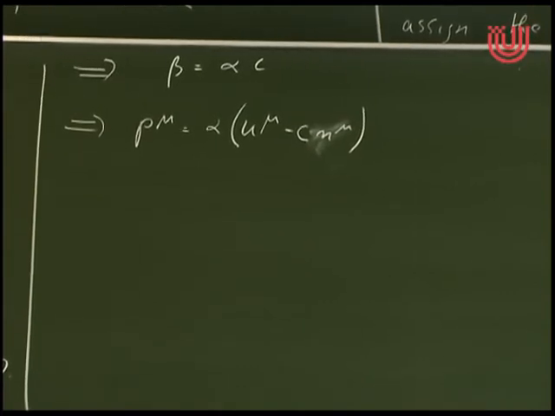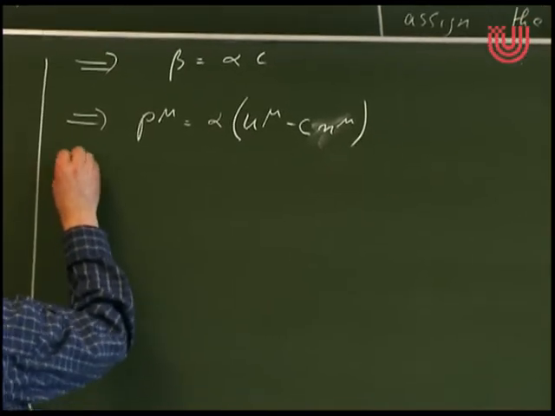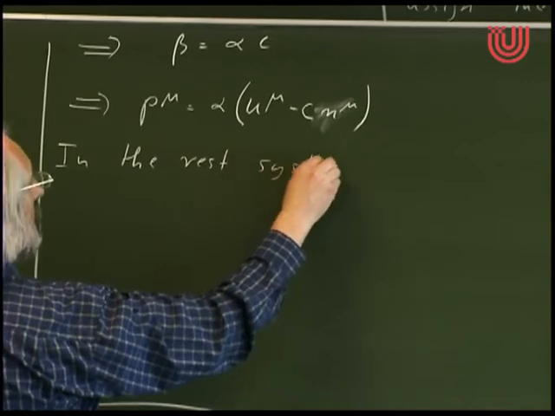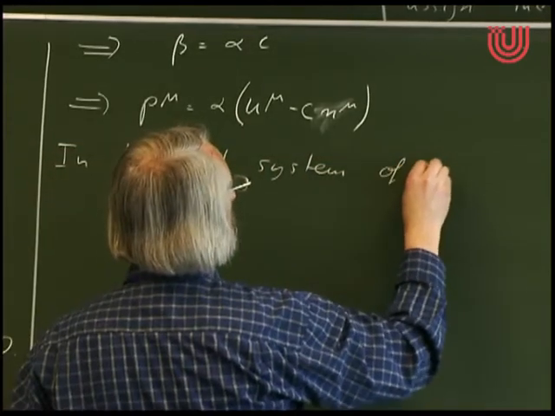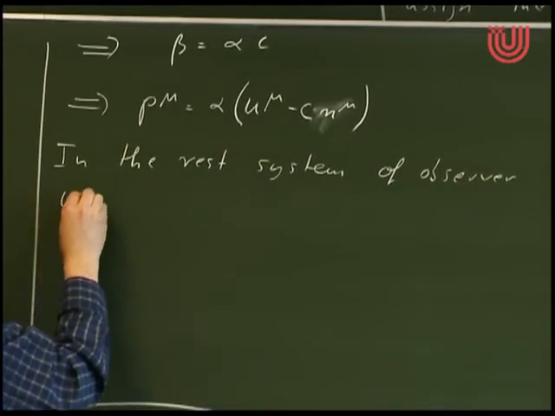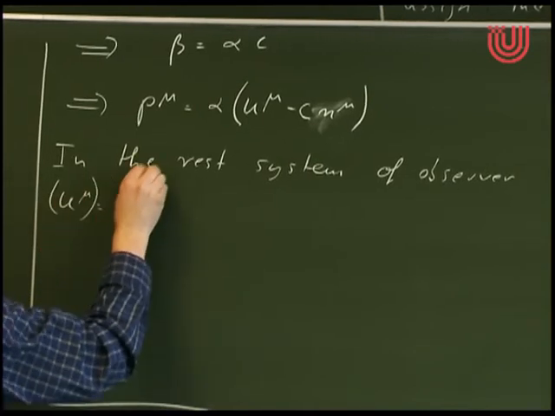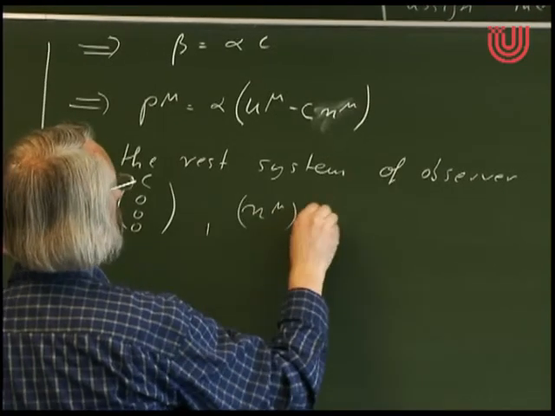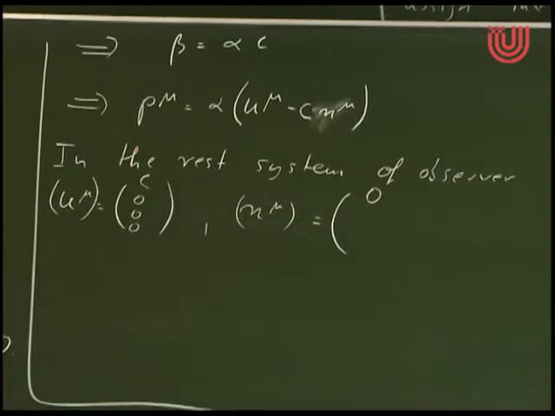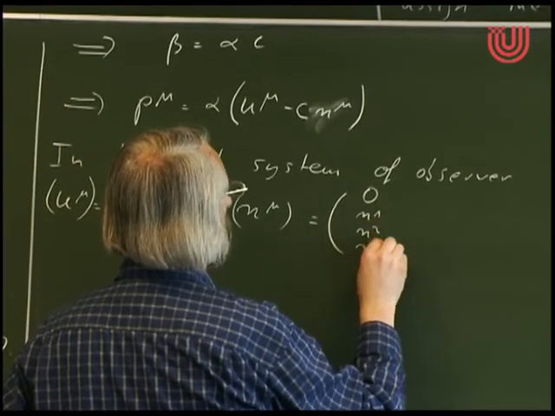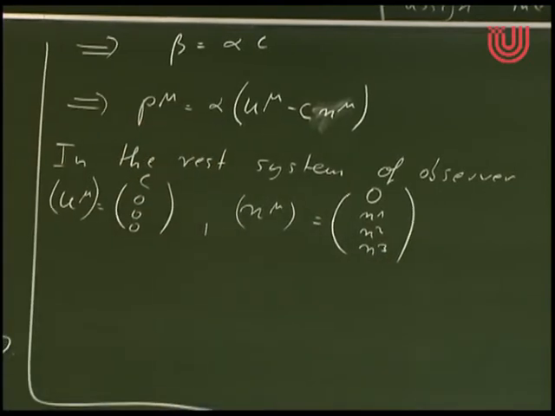So the meaning of alpha becomes clear if we go to the rest system. In the rest system of the observer, whose velocity is u mu, u mu is then just c, 0, 0, 0. The n mu is purely spatial. It's perpendicular to the time axis, so this is n1, n2, n3. And then we can calculate which scalar product?